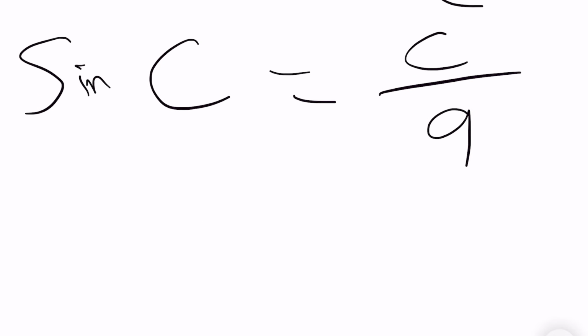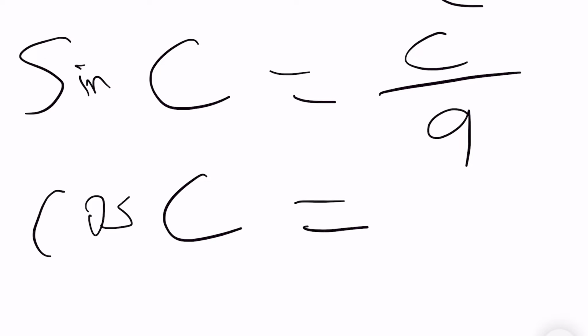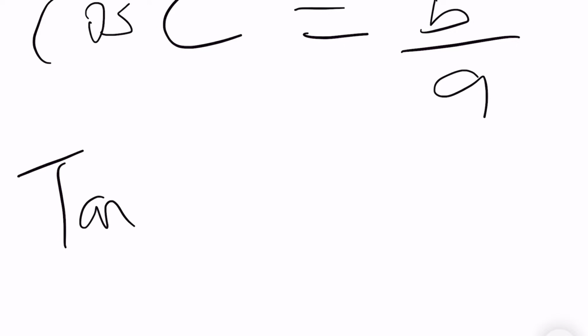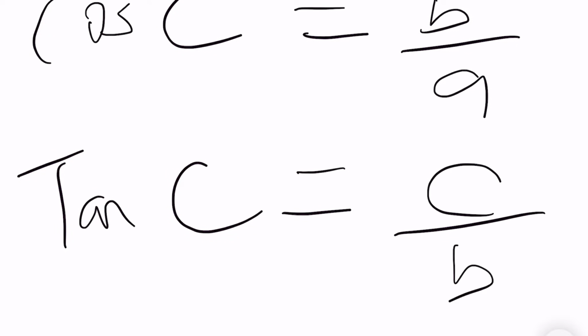So we have our sine C to be C over A. Then we have our cos C to be B over A, which is the adjacent over hypotenuse, and we have our tan C to be C over B, which is opposite over adjacent.